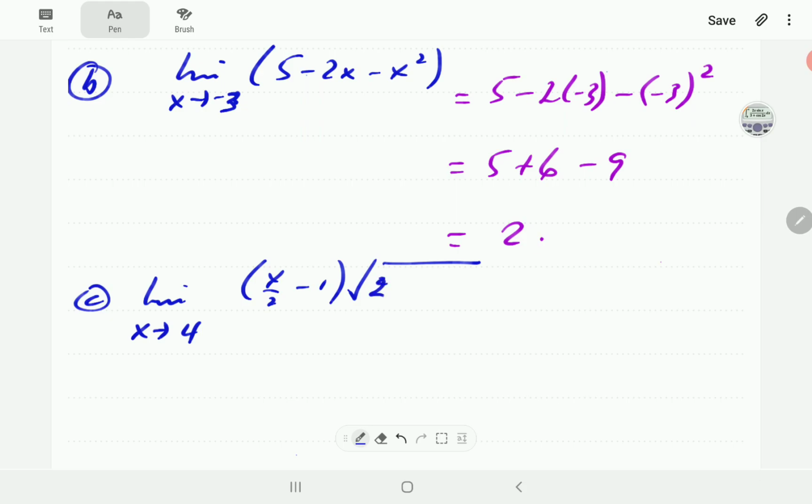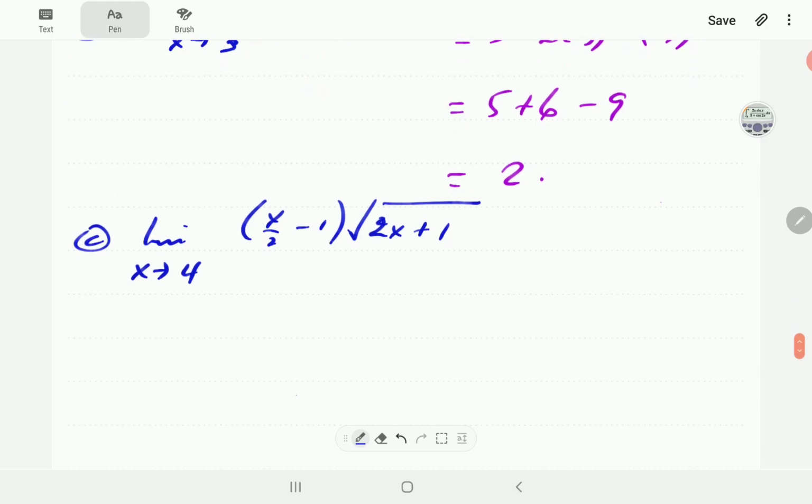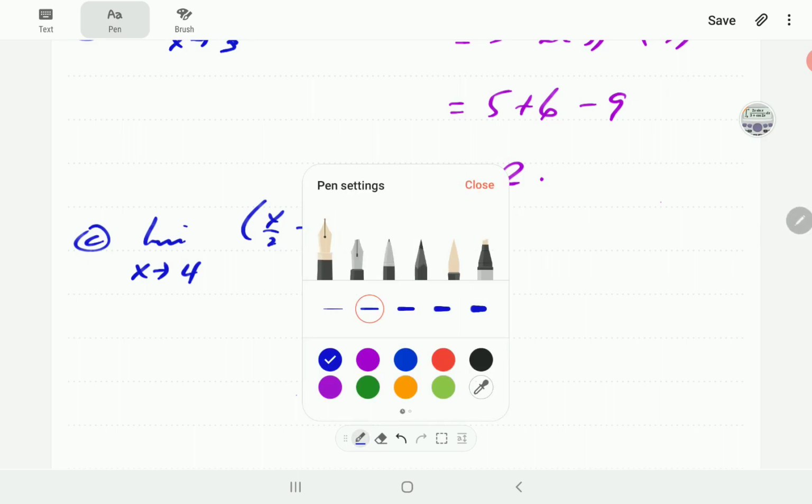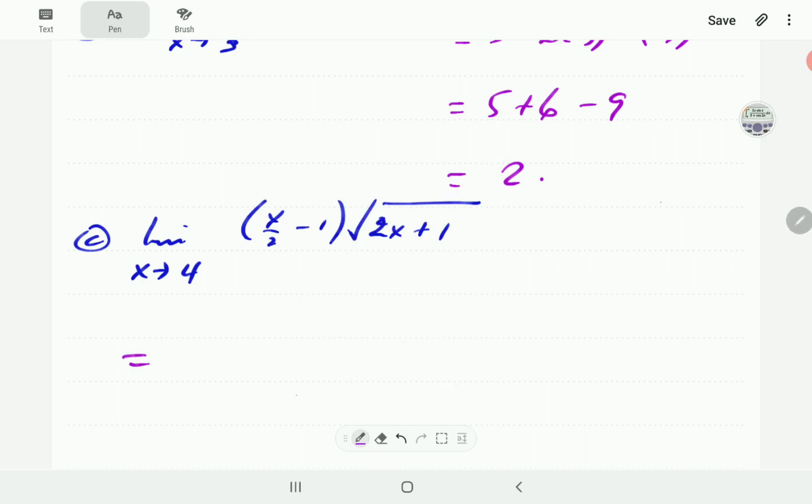In C, suppose we've got the limit as x goes to 4 of x over 2 minus 1 times square root of 2x plus 1. This function is not a polynomial, but we are going to find that when we do direct substitution, the function in the neighborhood of 4 or at 4 is very much well defined. So let's see.